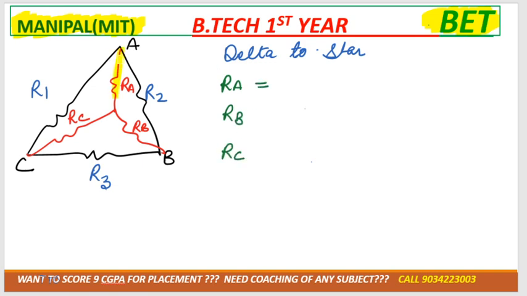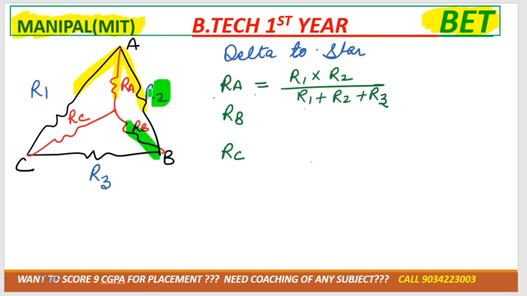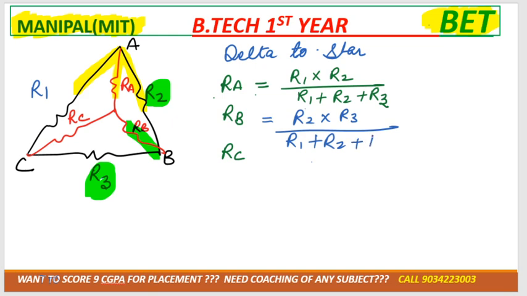Now tell me, RA is connected with R1 and R2. So the formula for delta to star is RA is R1 into R2 divided by R1 plus R2 plus R3. Got it? Similarly, see RB is connected with R2 and R3. So the formula for RB is R2 into R3 divided by R1 plus R2 plus R3. Now you tell me the formula for RC.